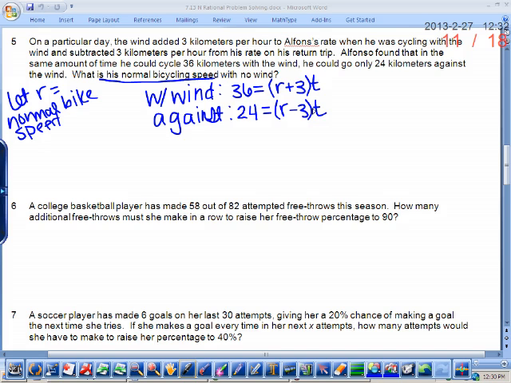It's going to make you go faster. If you go against the wind or against the current, it's going to make you go slower. So you're going to subtract it from your rate. So just know it's not always going to spell it out for you. You've got to be prepared to add and subtract where you need to.